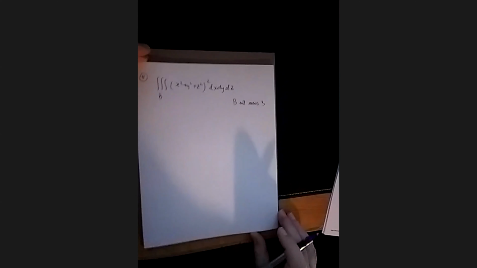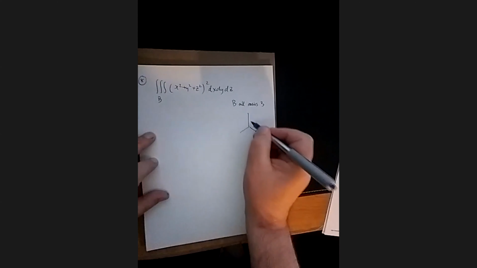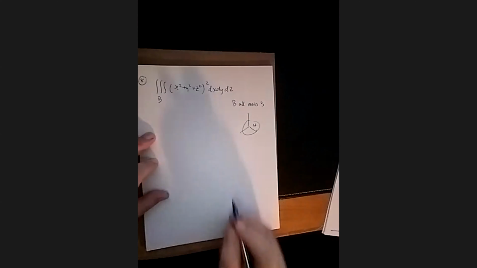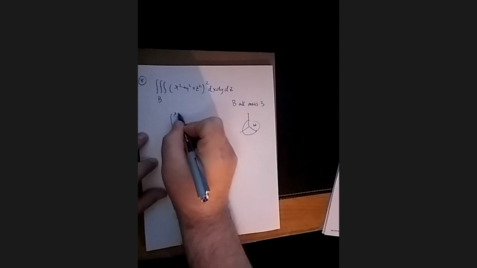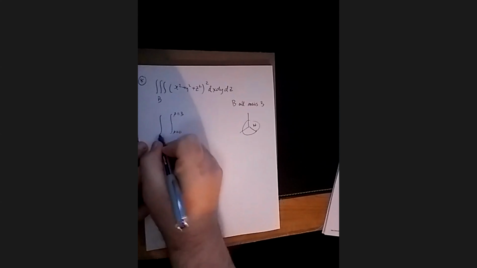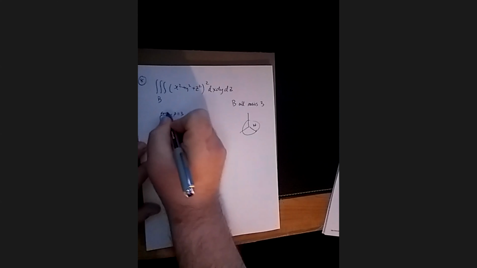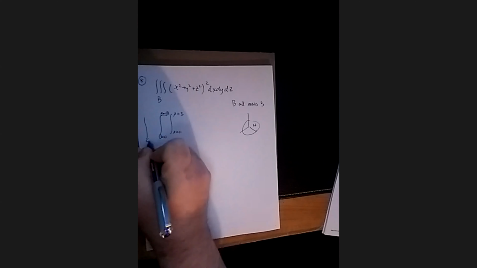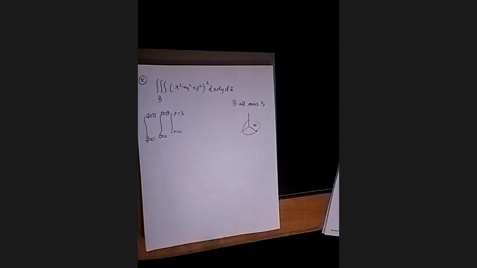Okay, let's see what we've got here. If you want to describe in 3D space a sphere, then you can do rho equals 0 to rho equals 3, right? That'll get you from the center of the sphere to its outside. You're going to do theta equals 0 to 2 pi, and you're going to do phi equals 0 to pi, like I described above, right?